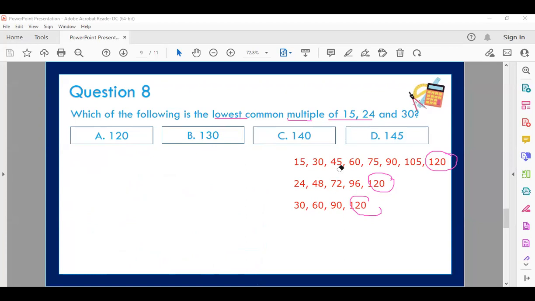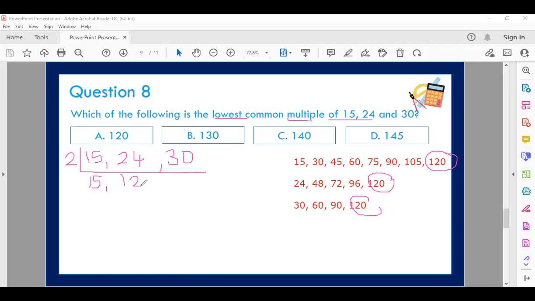So one method is listing it out like this, to find the common multiple. The other way would be to do a repeated division. So now we start again with 15, 24, and 30. Let's start dividing with 2 first. 15 cannot be divided, so we just carry on the number.